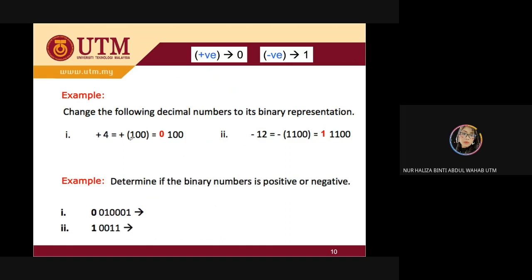Over here you can see, determine whether the binary number is positive or negative. It directly gives you the answer, maybe because it's bold, so it's a hint for you. 0 will be positive and the rest will be your magnitude.